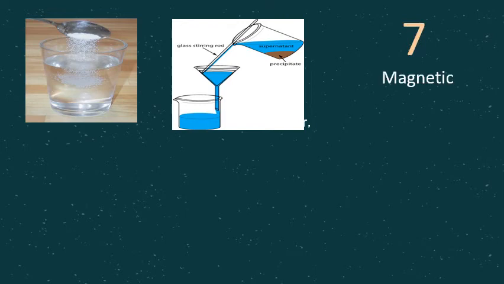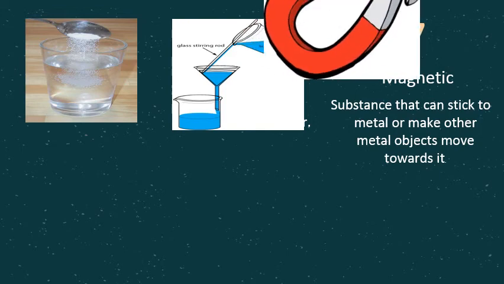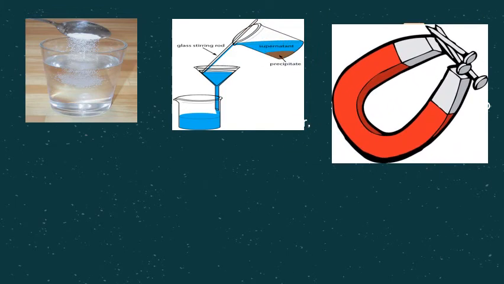Number seven is magnetic. Yes, I think all of you know what this is. A substance that can stick to metal or make other metal objects move towards it. Good. Like magnets and pins or screws or nails.